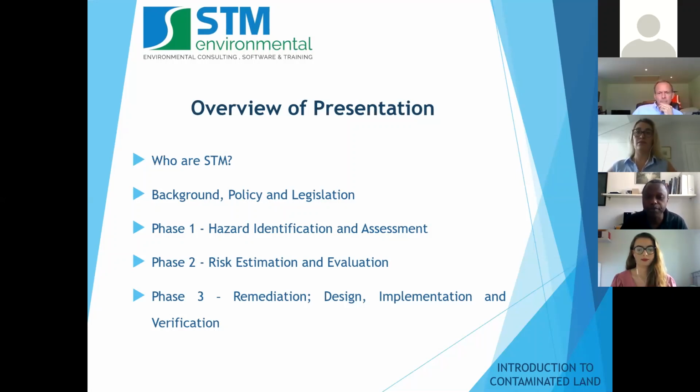That's going from the phase 1 desktop study through into the phase 2 site intrusive investigation, where we take soil samples and so on. And then the phase 3, if the site investigation shows there's a need for some sort of remediation, i.e. there's contamination at the site, you go into a phase 3 remediation process. And so we're going to go through all of those.